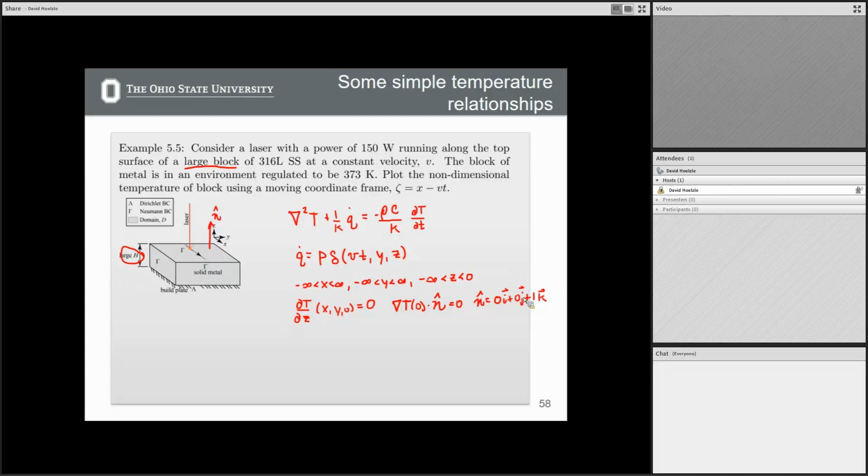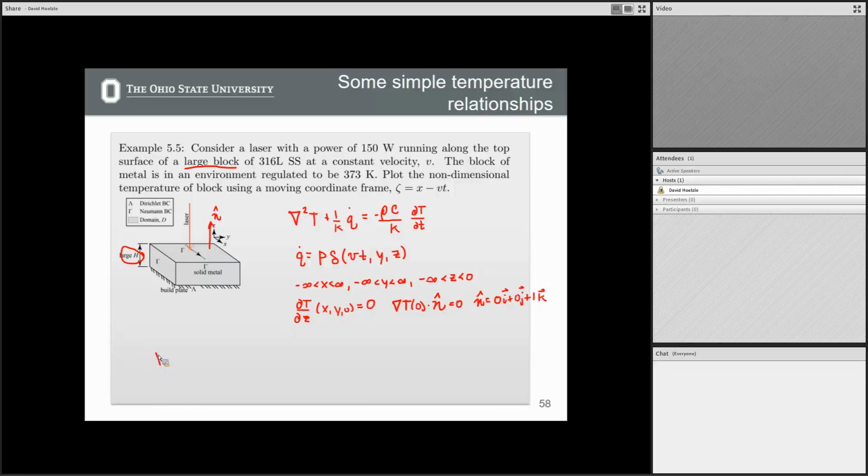Going back to the Rosenthal paper, the first thing we did is a change of coordinates, right? We wanted to turn this spatial-temporal PDE purely into a spatial PDE, and I'm not going to go through that because we've already gone through it.